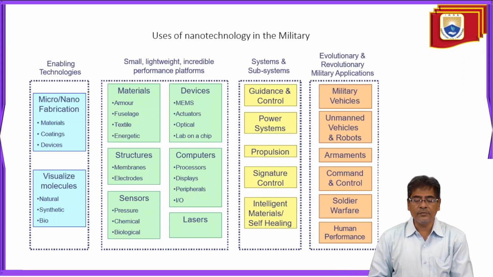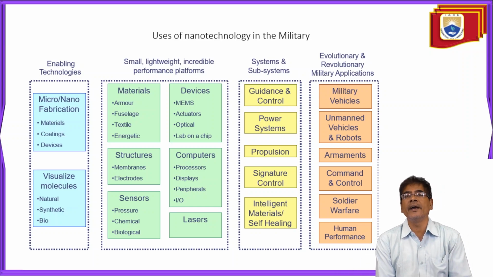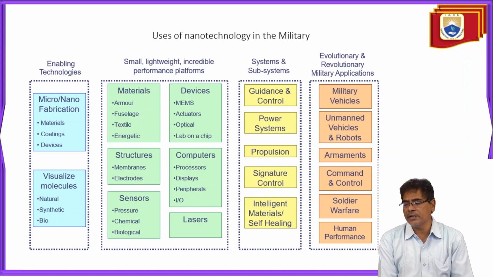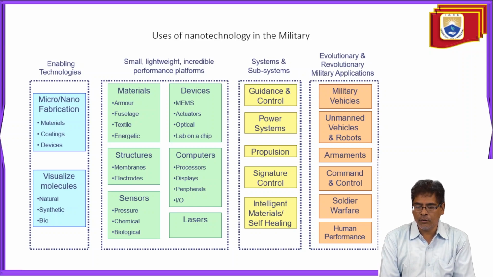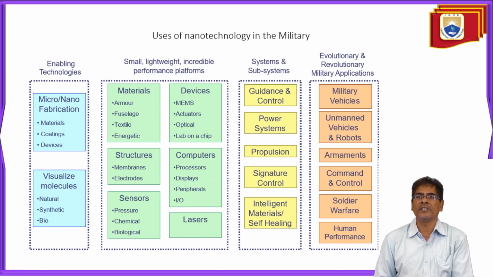Right. In systems and subsystems, we have guidance and control, power systems, propulsion, signature control, intelligent materials, self-heating, military vehicles, unmanned vehicles and robots, armaments, command and control, soldier welfare, and human performance. So these are some of the uses of nanotechnology in the military sciences, right?